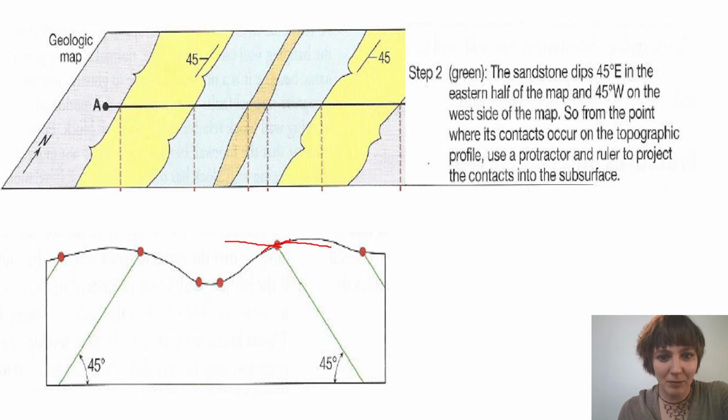And so this angle here is 45 degrees, which also is equivalent to having the angle down here be 45 degrees. And so that is step 2. You project all of the dips down that you can measure.